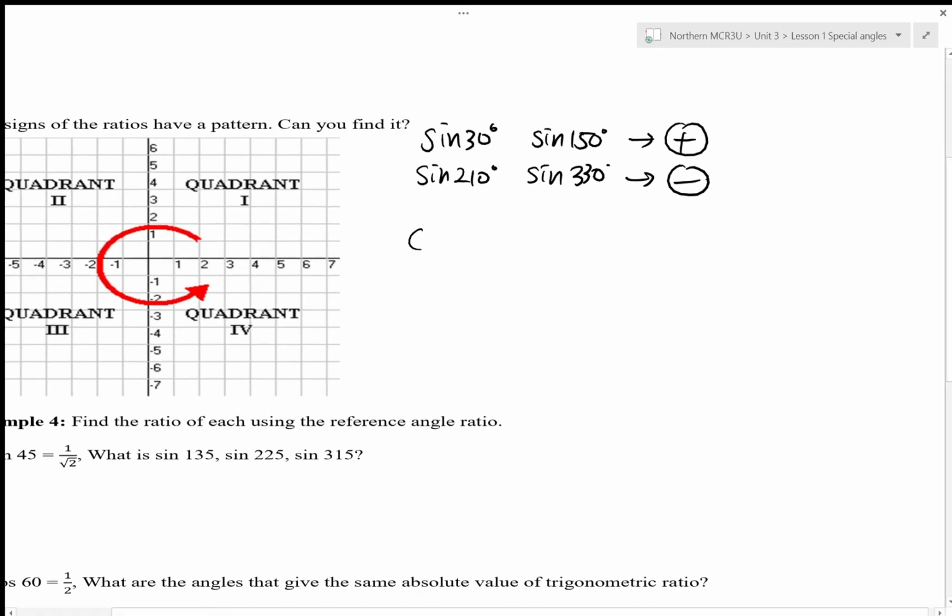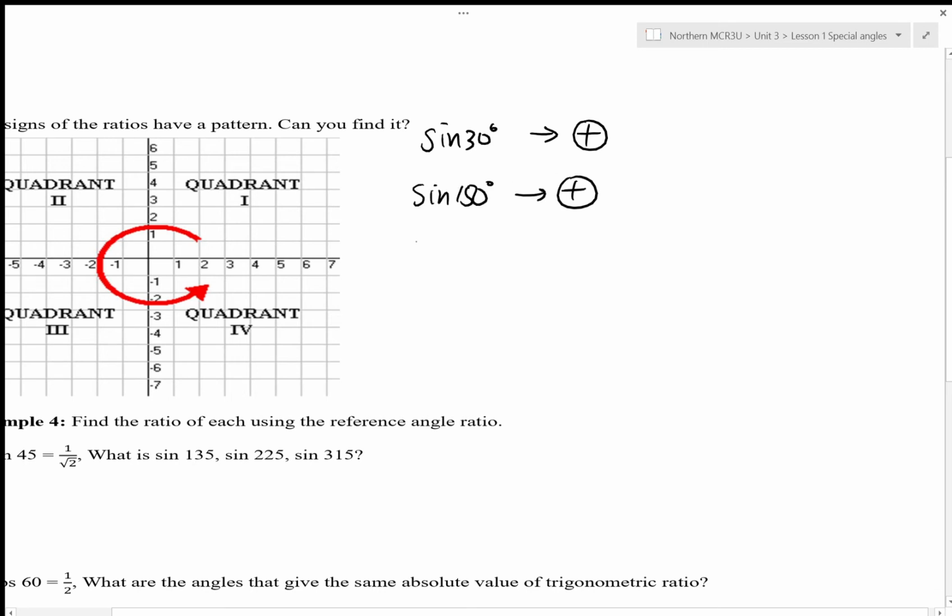And if you look at it, and then sine 30, I'm going to actually rewrite it. So sine 30 was positive, and then sine 150 was also positive, and sine 210 was negative, and then sine 330 was negative, right?